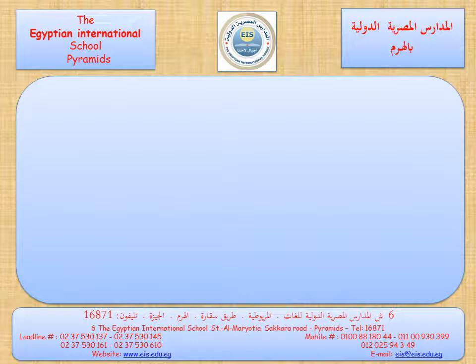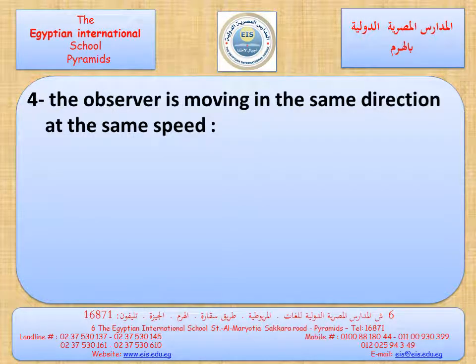Okay, the final state, if the observer is moving in the same direction as the moving object at the same speed. The observer and the moving object, both of them move in the same direction and the same speed.